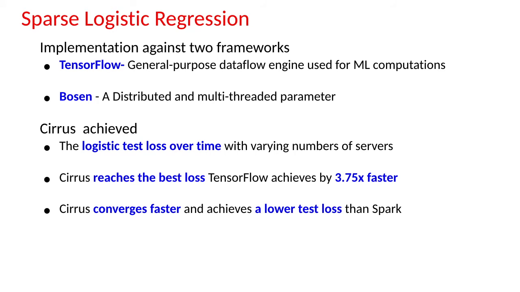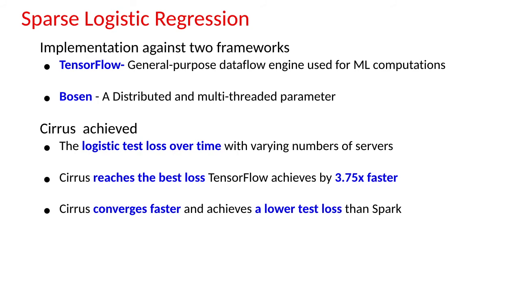From that sparse logistic regression, CIRRUS achieved a logistic test loss over time with a varying number of servers. It reaches the best loss 3.75 times faster than TensorFlow. It also converges faster and achieves a lower test loss than Spark.